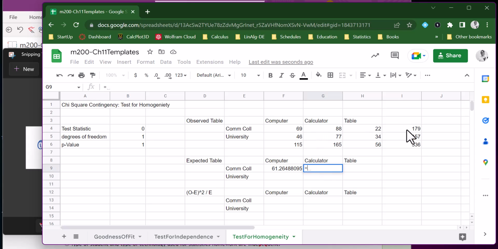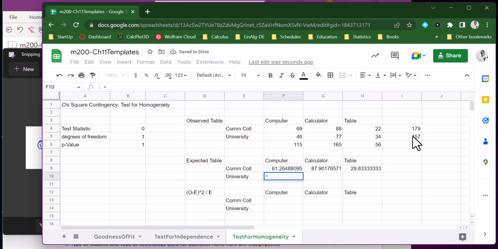This is the first row total times the second column total divided by the grand total. And then the last one is going to be equal to the first row total times the third column total divided by the grand total. All right, we'll do the same. We got one more row.